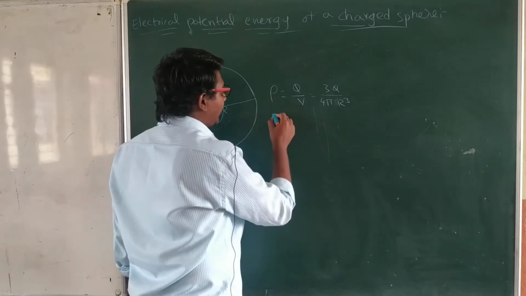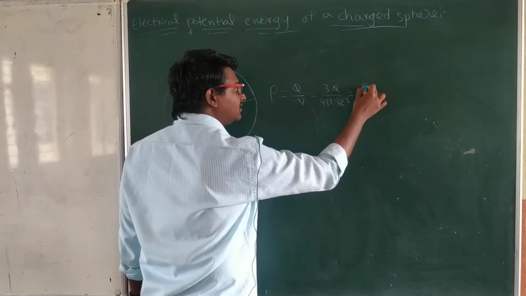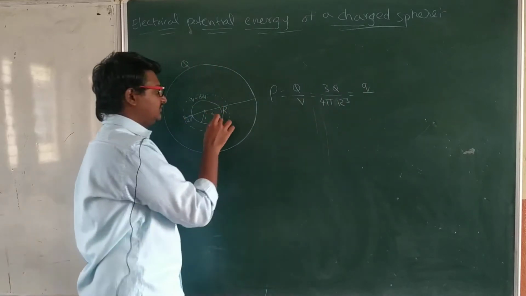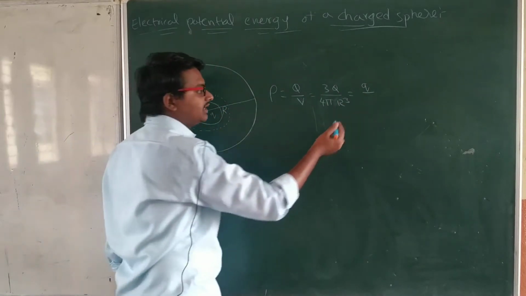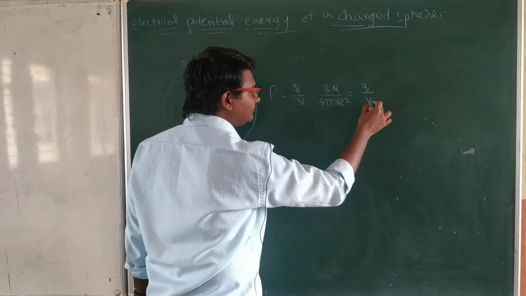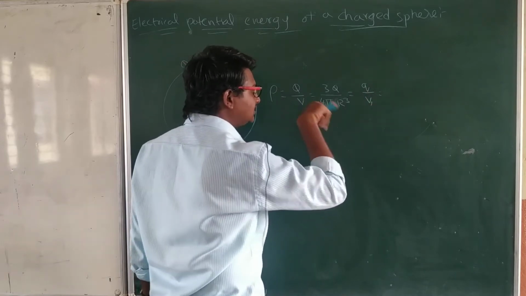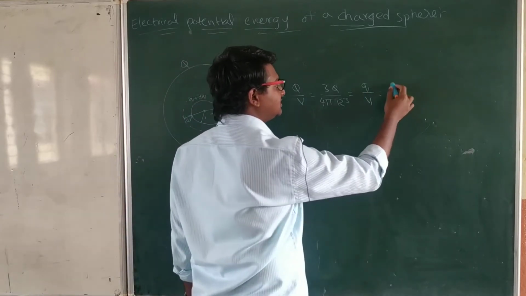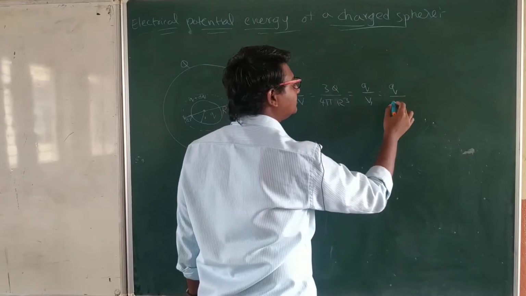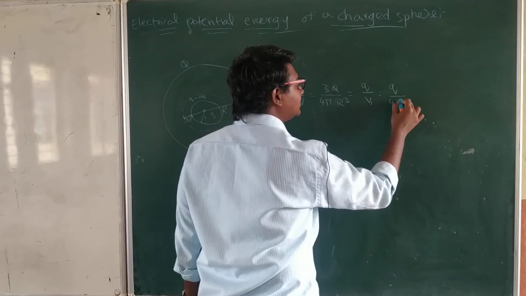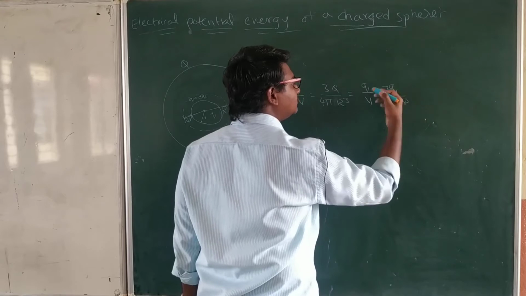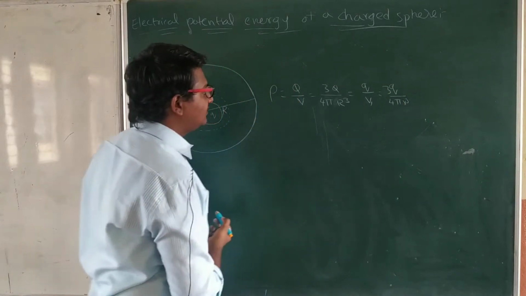Right, and in the same manner, for the small charge that we have considered, q by volume V1 will come. V1 means the volume of that small charge, that is 4 by 3 pi small r cube. Like this we will get.